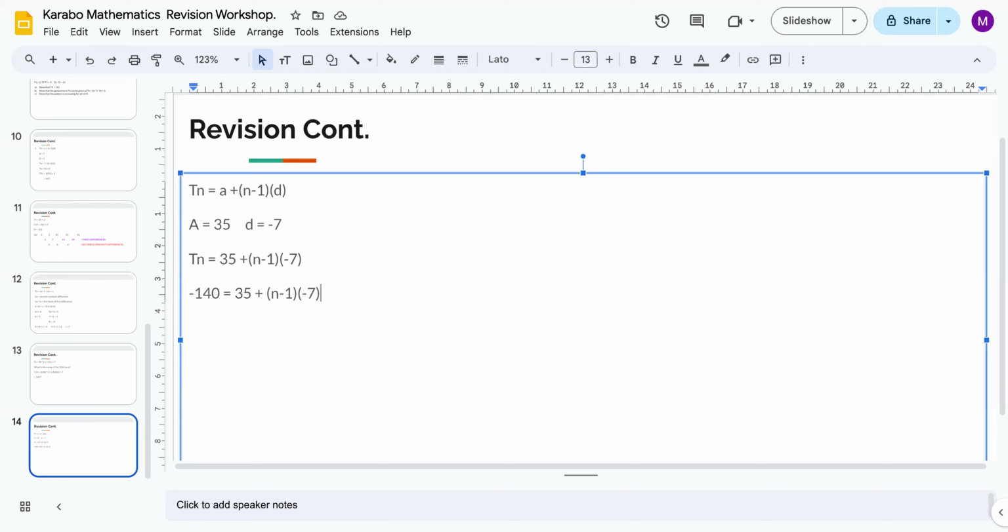And you should get an answer of 26. So the value of our 26th term in the sequence is equal to -140. So that's our answer there, guys.